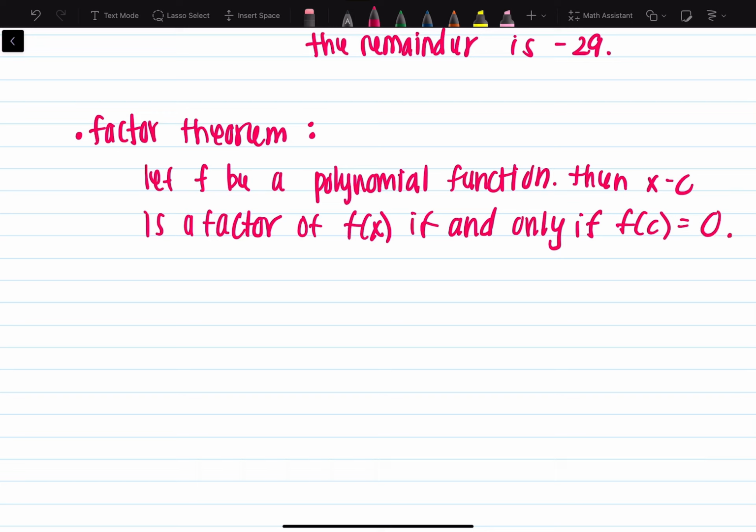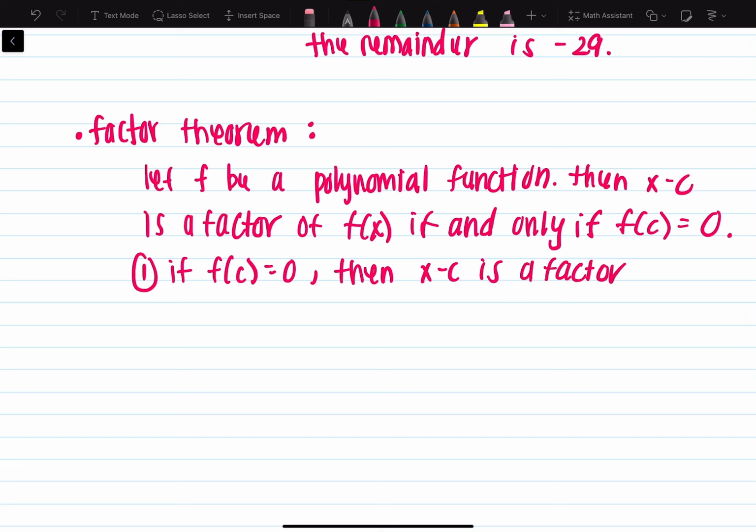Now, there are two separate statements going on here because this is an if and only if statement. So I'm going to go ahead and lay out those two statements for you guys. The first statement says this: if f of c is equal to 0, then x minus c is a factor of f of x. That's the first statement, the one that goes in one direction.